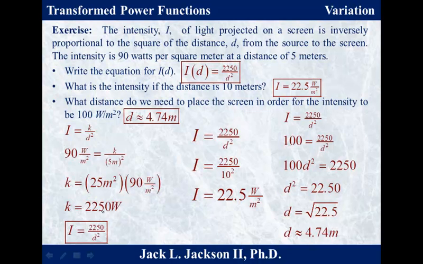Once that constant is found, that constant is constant, meaning it stays the same as we change I and d. That k stays the same, and so in our formula, that's fixed. We didn't know what it was at first. The initial condition allowed us to find it. Once we found it, it stays fixed. So then if you plug in all the variables except for one, hopefully we can solve for that last variable.